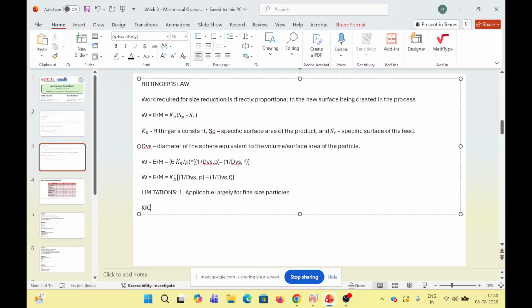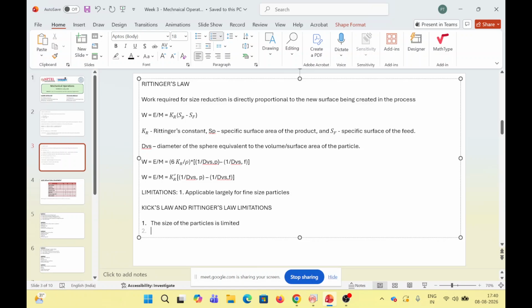So that also I'll state here. Kick's law and Rittinger's law limitations. First thing is, the sizes of the particles that you can treat is limited, as I explained just before.